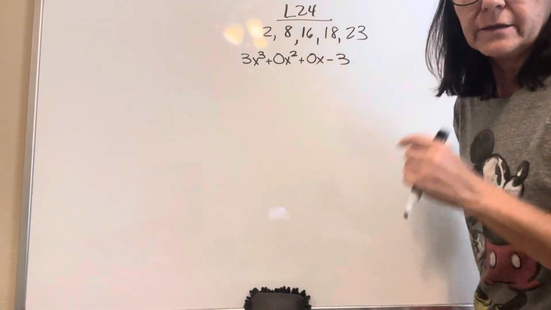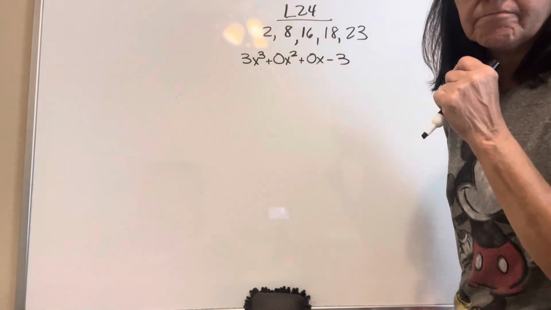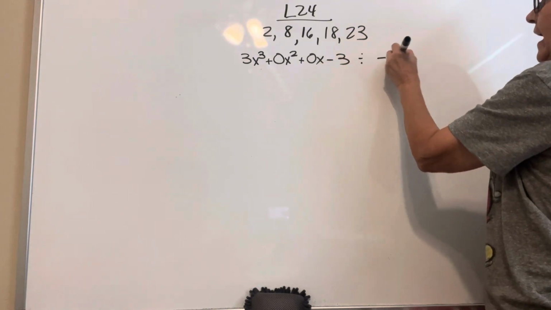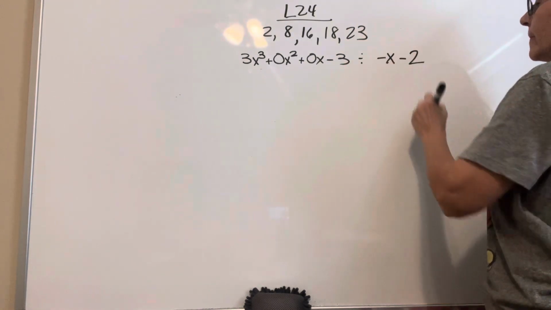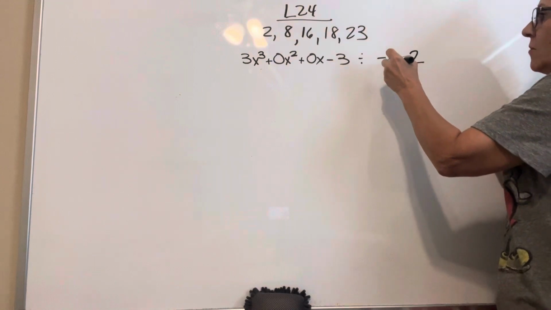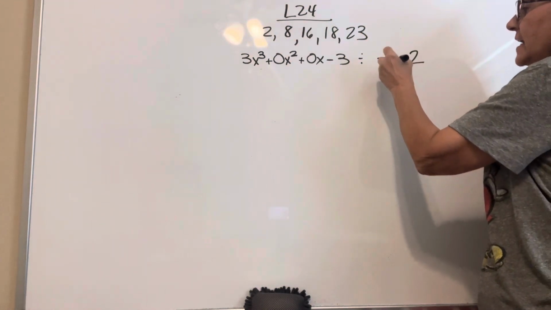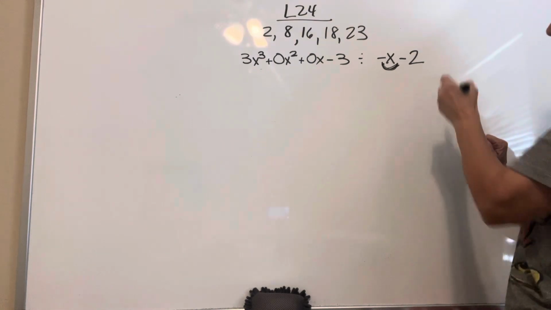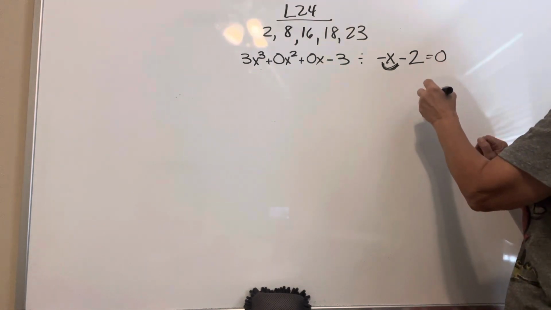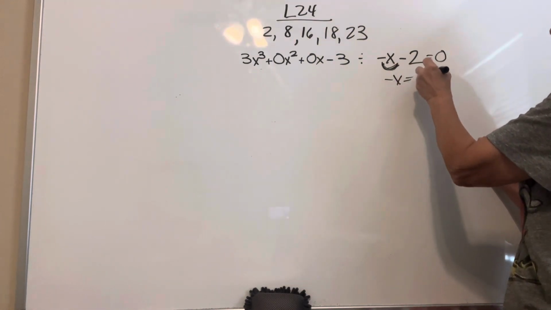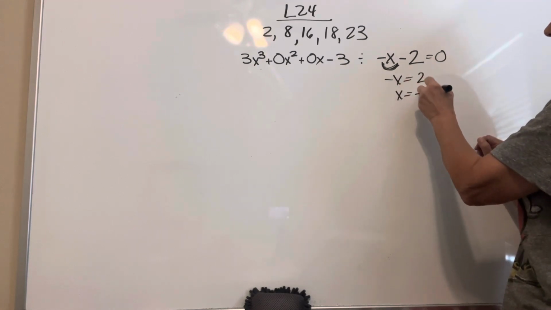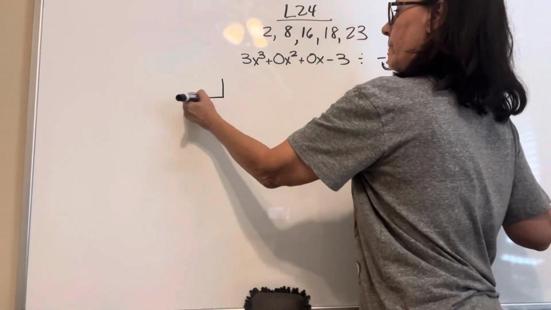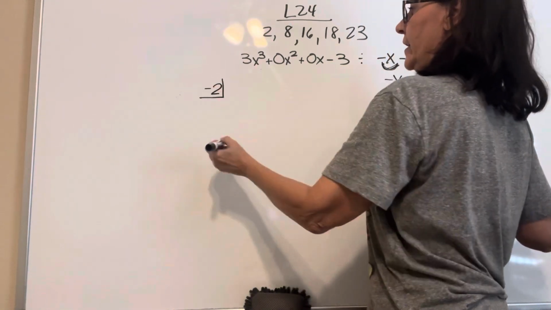The divisor is negative x minus 2. So what would the value of x have to be in order for this to equal 0? Well, negative x would equal 2. X would have to be negative 2. That's what I put in my box over here.